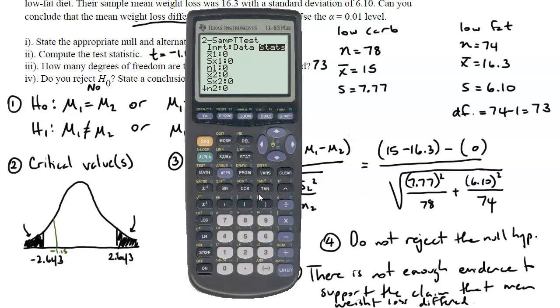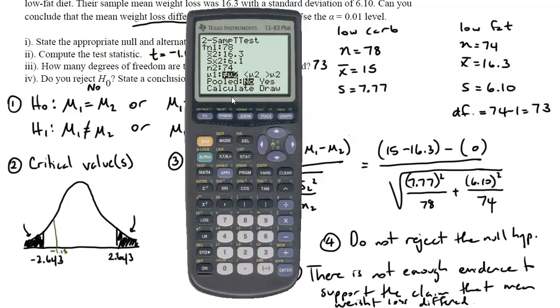So X bar 1 is 15. Standard deviation 1 is 7.77. N1 is 78. X bar 2 is 16.3. Standard deviation 2 is 6.1. And N2 is 74. We're doing a not equal to test.